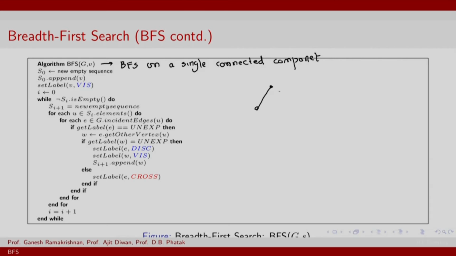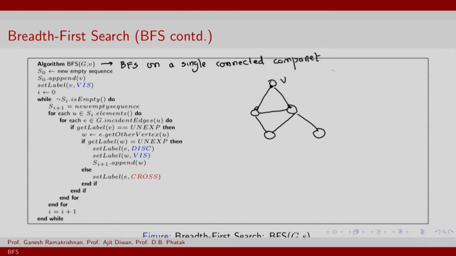Again, let us illustrate this with an example. So when we begin the BFS on vertex V, let us call this the vertex V, you start with a new empty sequence S0.